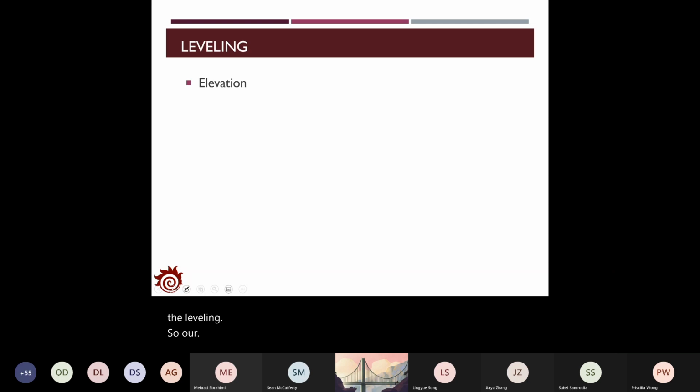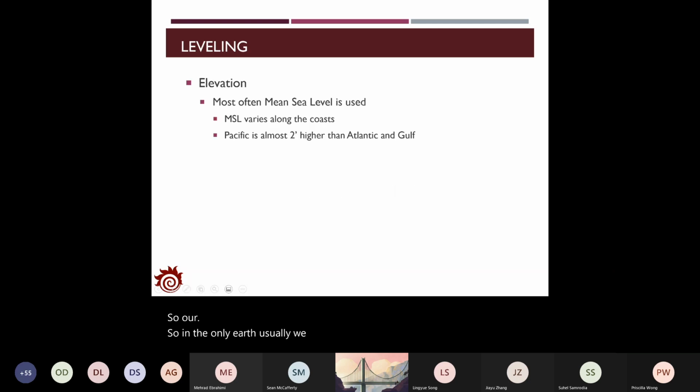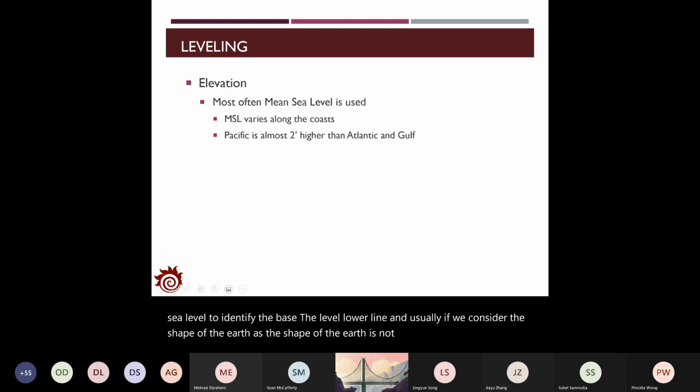So on the Earth, as we specified, usually we will use the mean sea level to identify the level line. But the shape of the Earth is not exactly a sphere or ellipse, and also if we consider the elevation of the oceans on the Earth, the mean sea level may not be the same.